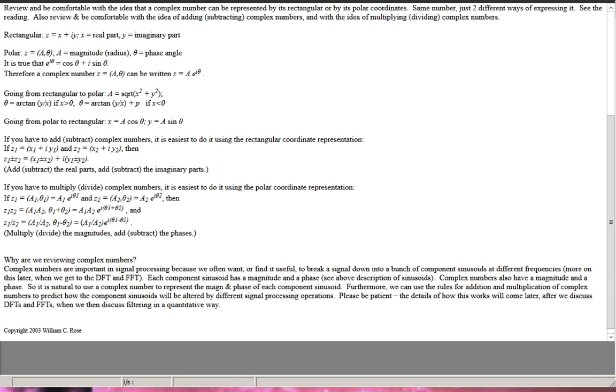But what about the space around it, though? How would you do that? Here it says a equals the square root of x squared plus y squared.